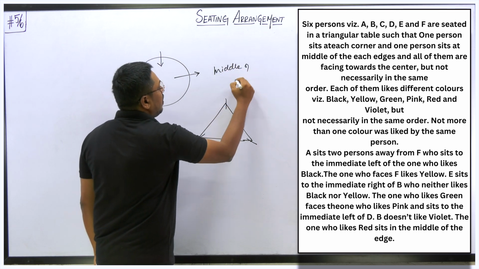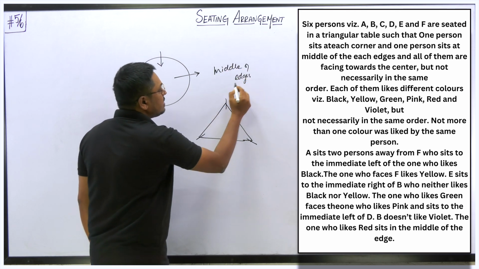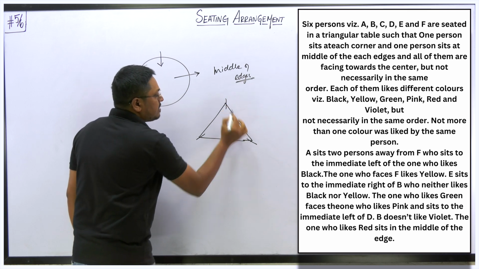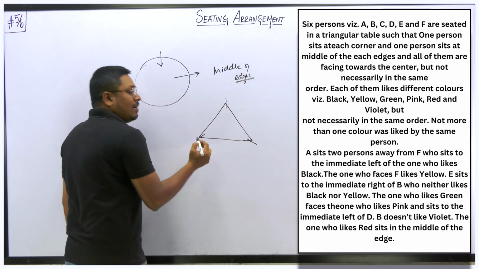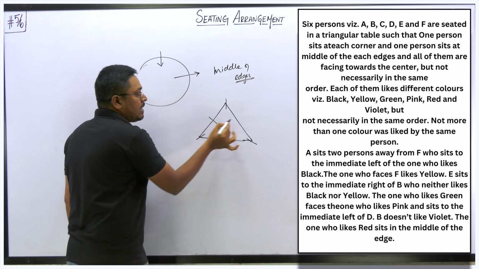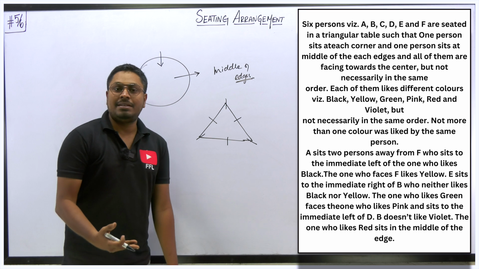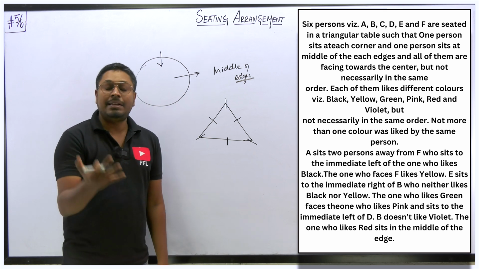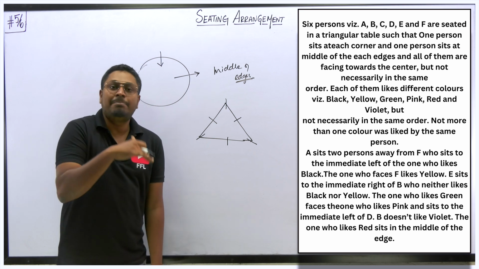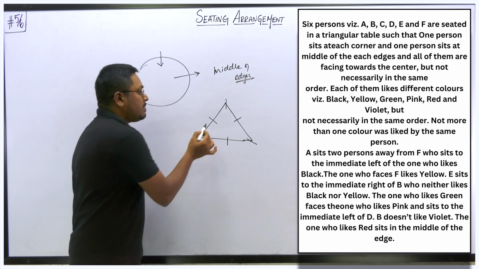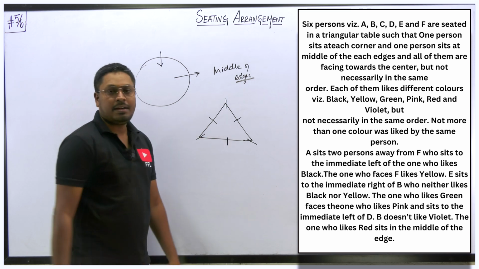Middle of the edges: the meaning is that the edges are the sides of the triangle, and the middle of the edges will be this area, right? So totally 6 persons: 3 persons will be sitting at the corners and the remaining 3 persons will be sitting at the middle of the edges. That is one type of triangular arrangement.